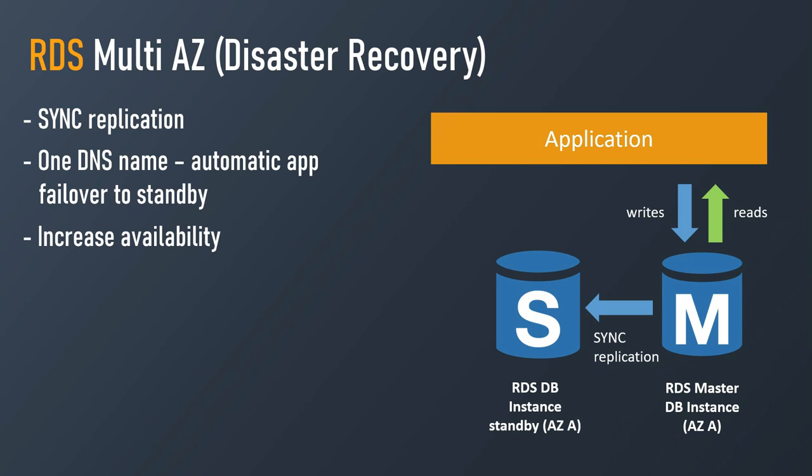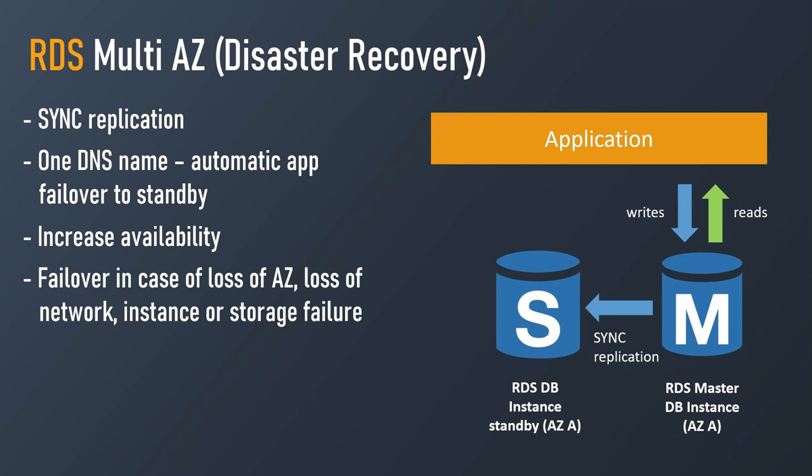And there will be failover in case we lose an entire AZ, or we lose the network, or there is an instance or storage failure for the master database, in which case obviously the standby database will become the new master. You don't need to do any manual intervention in your app as long as it keeps on trying to connect to your database. Automatically at some point it will fail over to the standby that will be promoted as the master and you will be good.